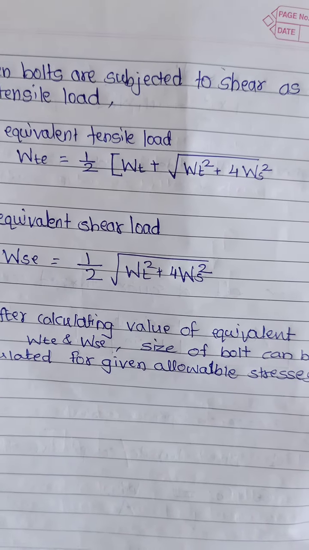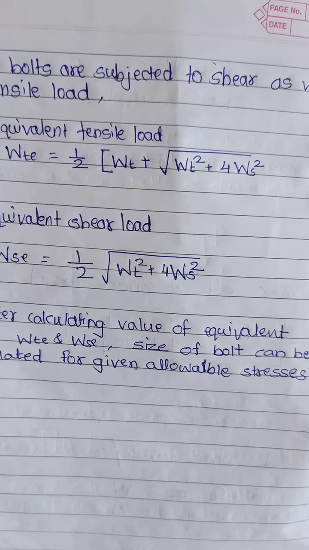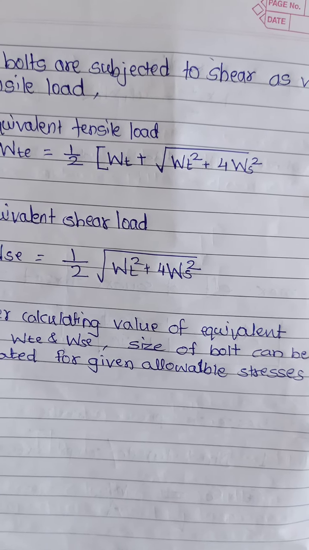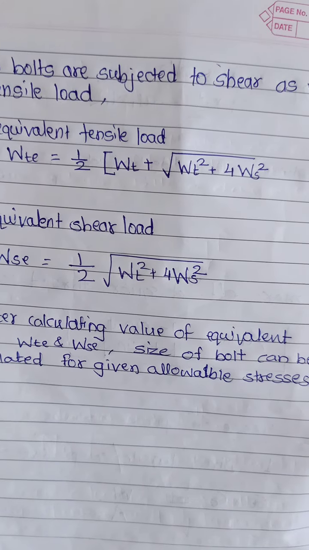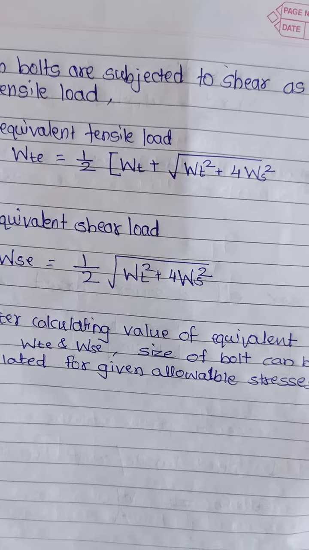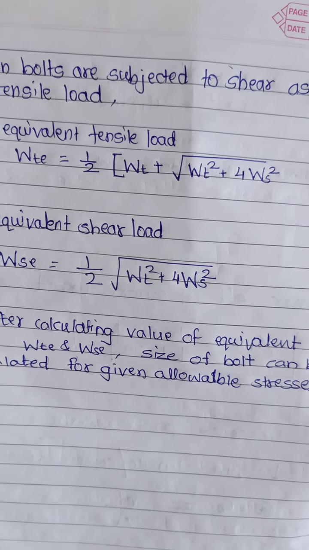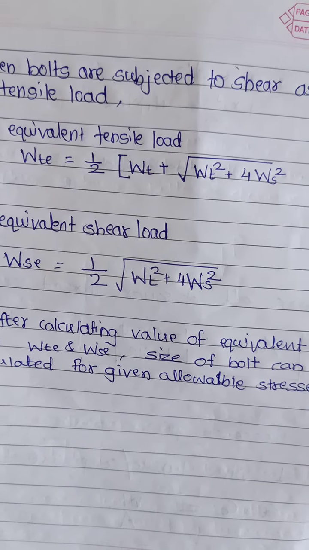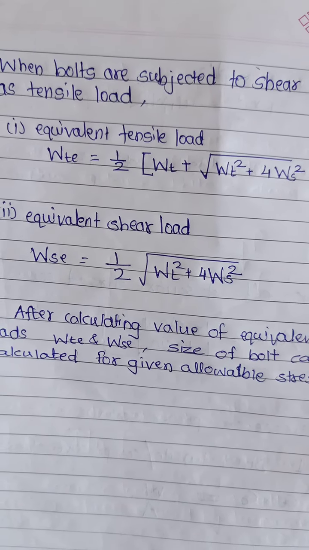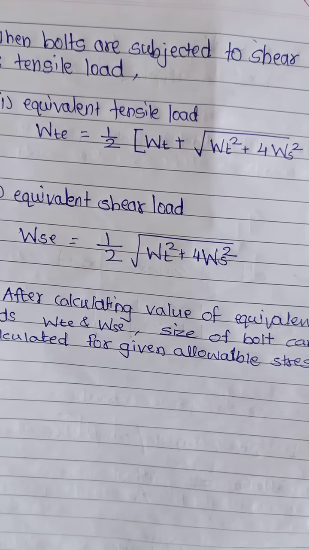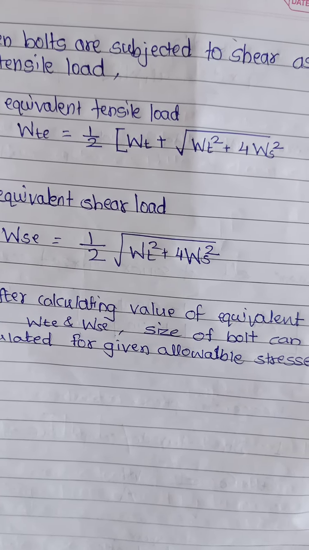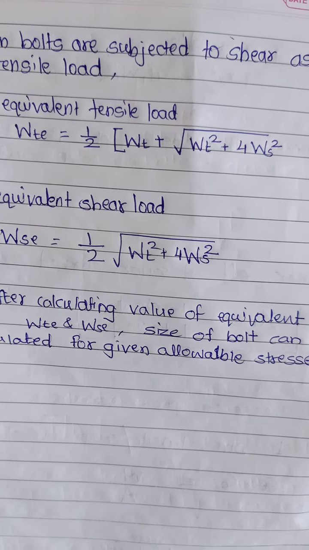WTE is equal to 1 by 2 into (Wt plus root of Wt square plus 4 Ws square). Here Ws is the direct shear force and Wt is the tensile force because of stretching or turning moment. We can calculate the equivalent shear load as WSE equal to 1 by 2 root of (Wt square plus 4 Ws square).